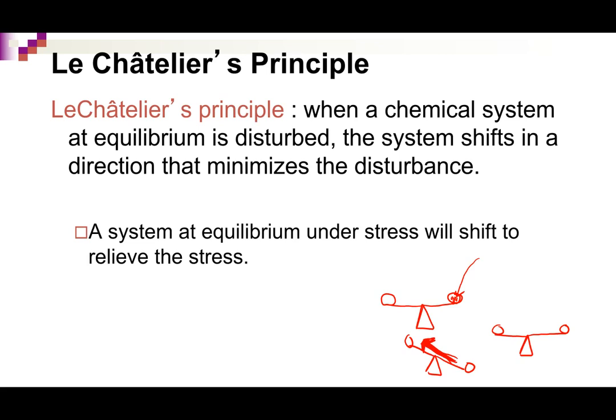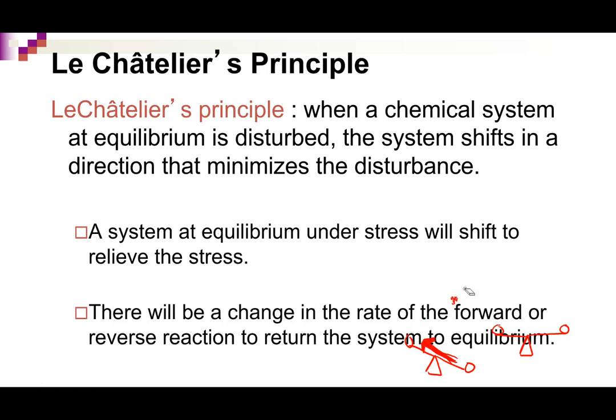Okay. So if you can picture this, whatever side feels heavy, whatever side fell to the ground, your equilibrium will shift to relieve that stress, will shift in the opposite direction. There will be a change to the system.